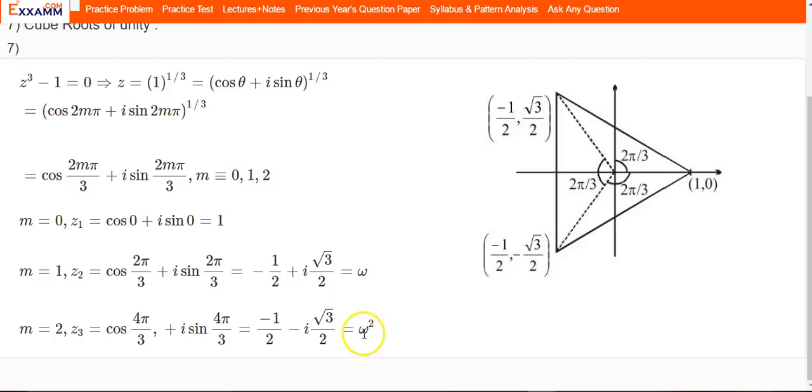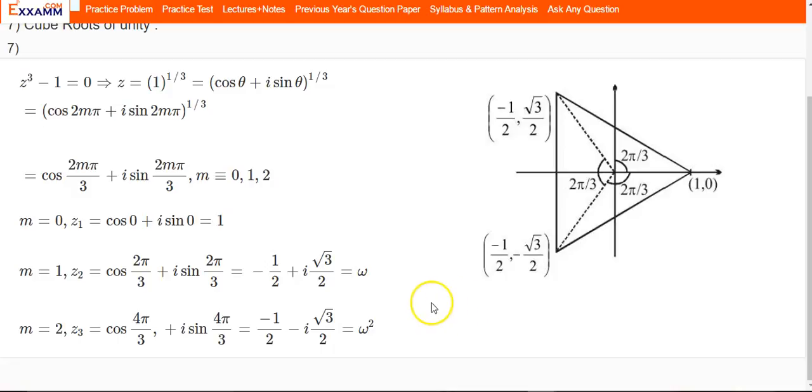We denote this as omega square, that is, if we square this value, then we will get this value. You can also check this by squaring this number, and you will see that this comes to be the same as this. It doesn't look likely, but believe me, it does, and you can give it a try.